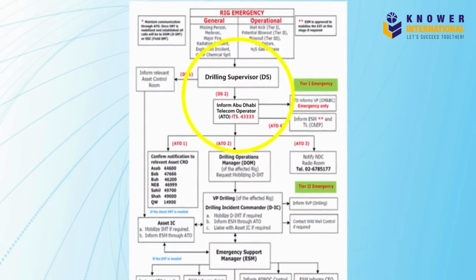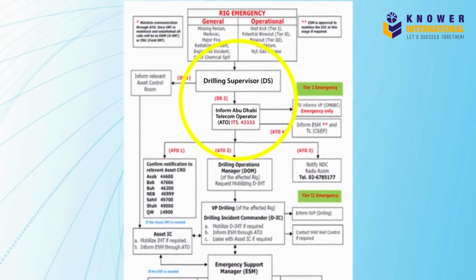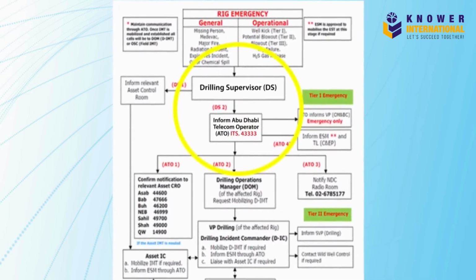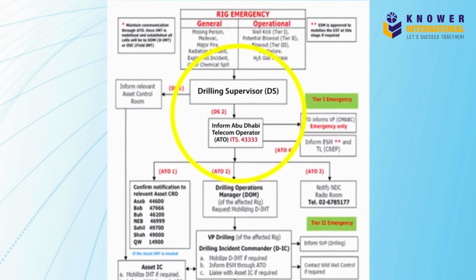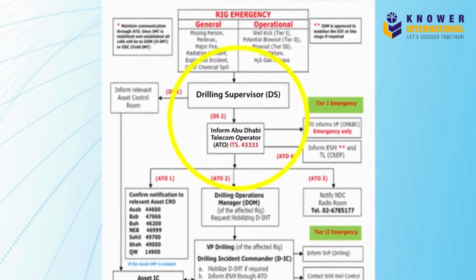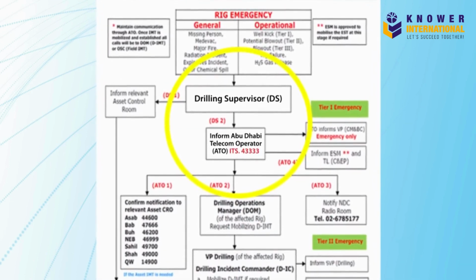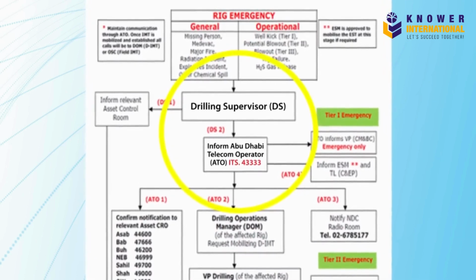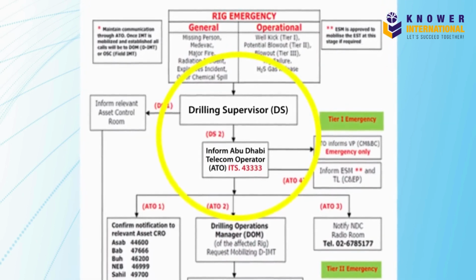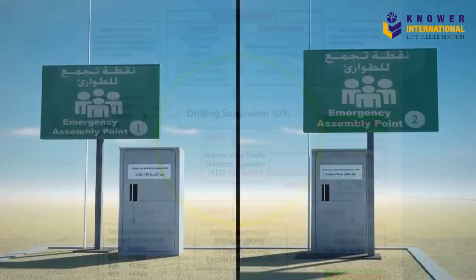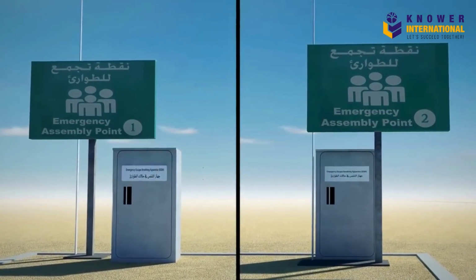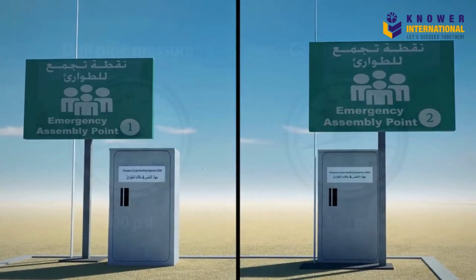Meanwhile, at the rig site, the on-scene commander, the ADCO drilling supervisor, will notify Abu Dhabi telecom operator and relevant assets control room and raise emergency Tier 1, which activates appropriate emergency response teams. Unnecessary crew will be evacuated to the nearest assembly point.